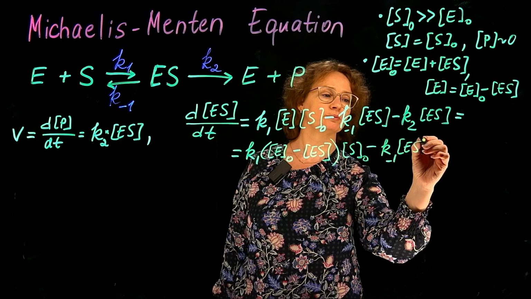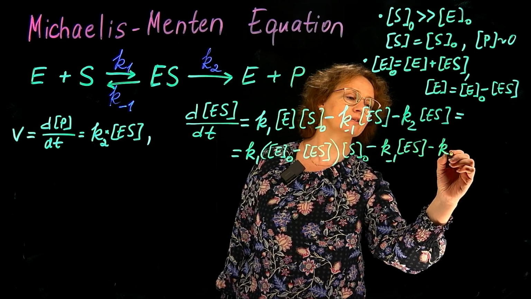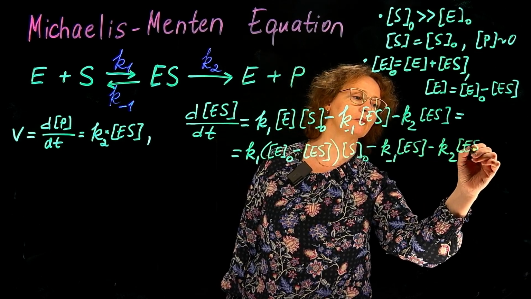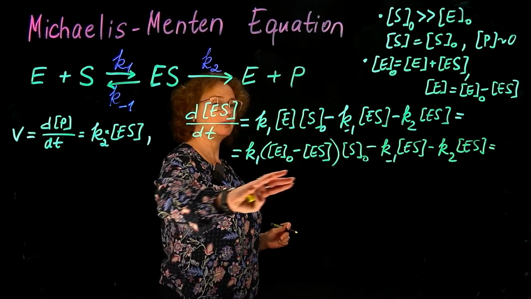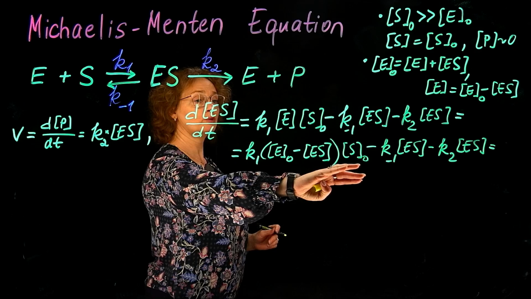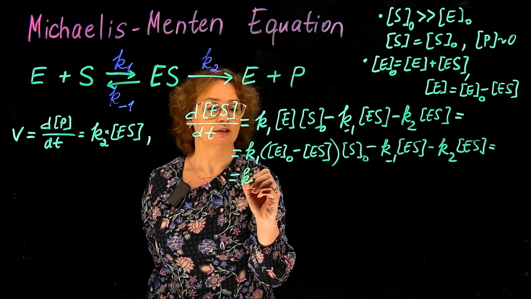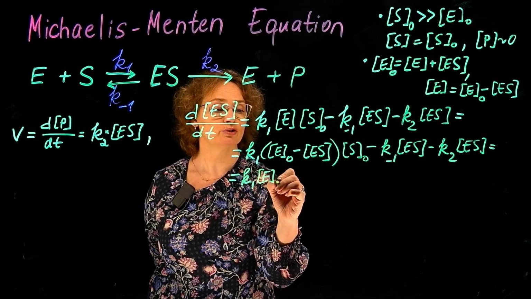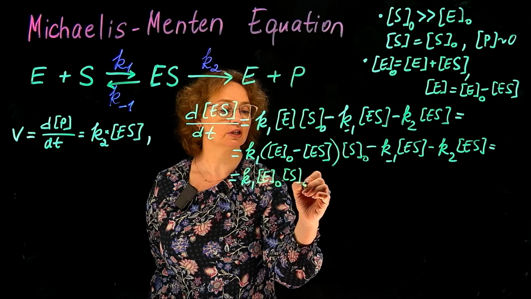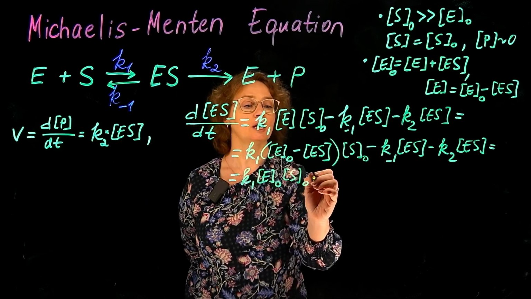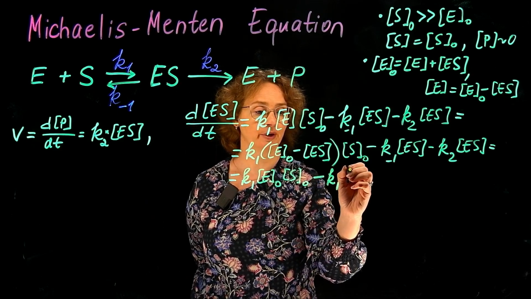The second term and the third term are without changes. Now, if we follow distributive property, we will see that this term splits into two terms. One term doesn't depend on the concentration of enzyme-substrate complex, but the second term does.